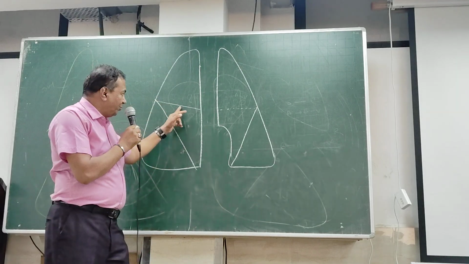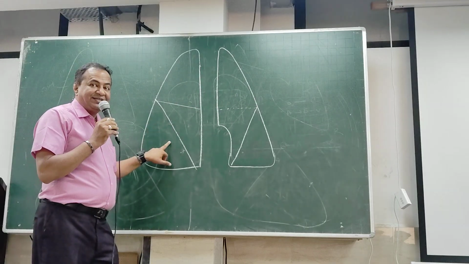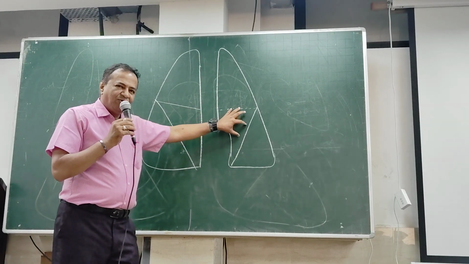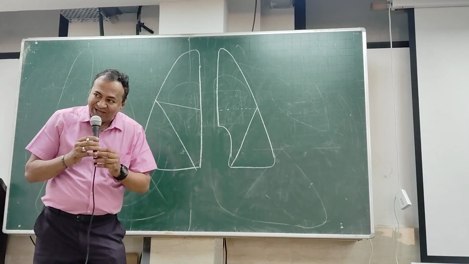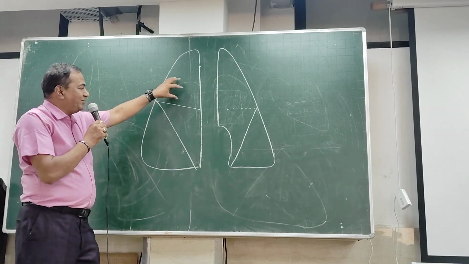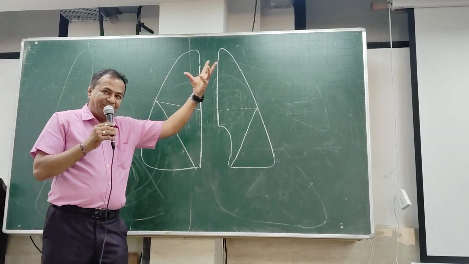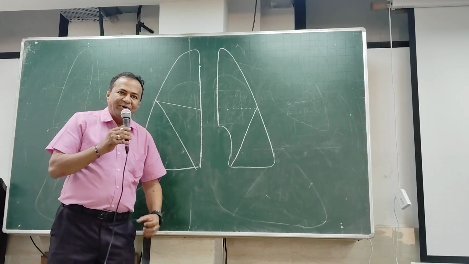Then they came to know about the fissures, that there are 3 lobes on the right side and 2 lobes on the left side. Then they said, oh, anatomist, thank you. Now they realized that the tuberculosis is in the upper lobe, so they shifted from pneumonectomy to lobectomy.